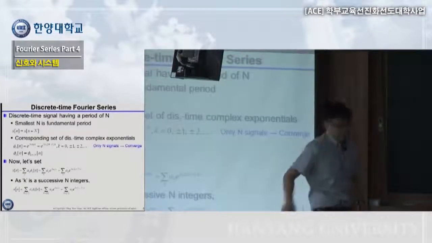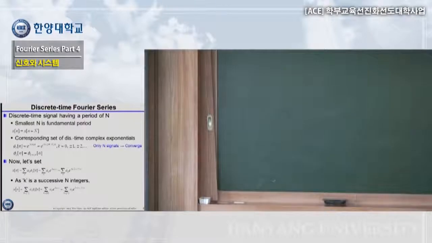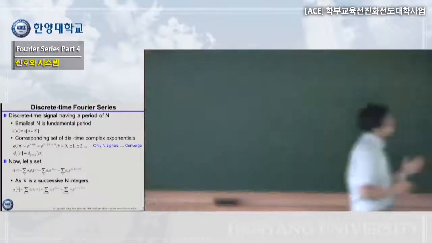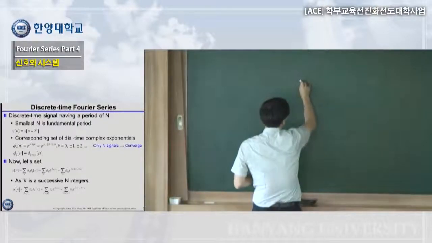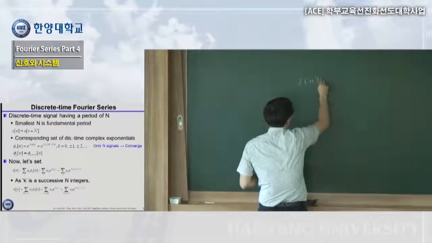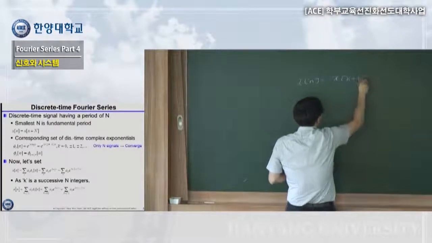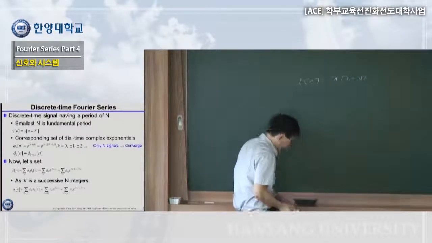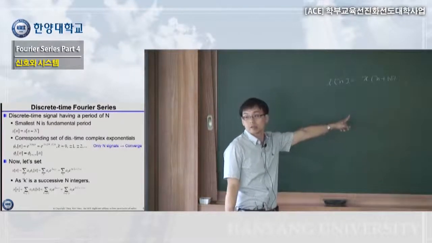So the discrete time Fourier coefficient is given like this. It may feel a little strange, because we usually don't have much exposure to discrete time. So instead of T, we have a large N, which is the period.